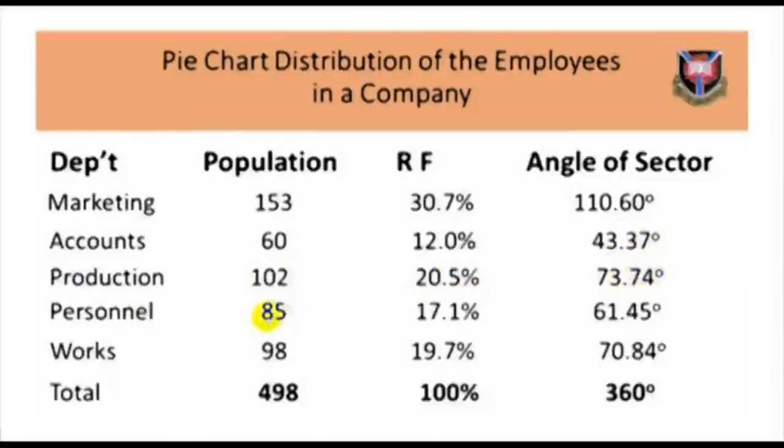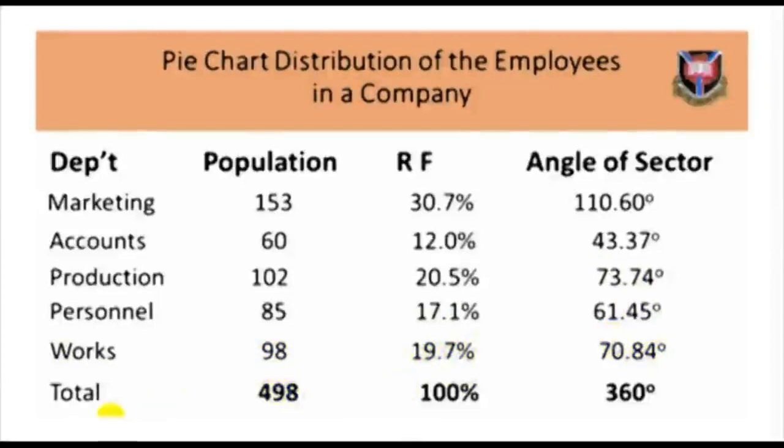For personnel, 85 all over 498 times 360 degrees over 1. That will give us 61.45 degrees. For works, it is 98 over 498 times 360 degrees. That will give us 70.84 degrees.